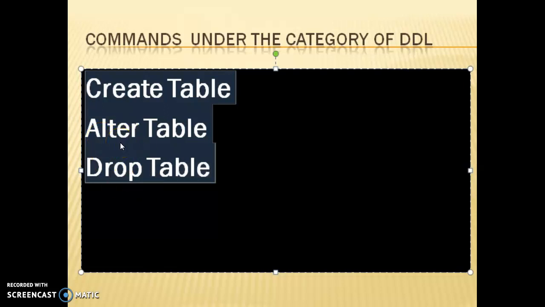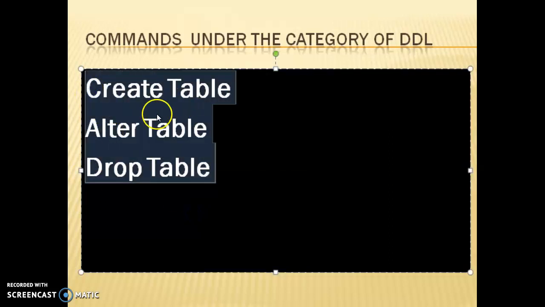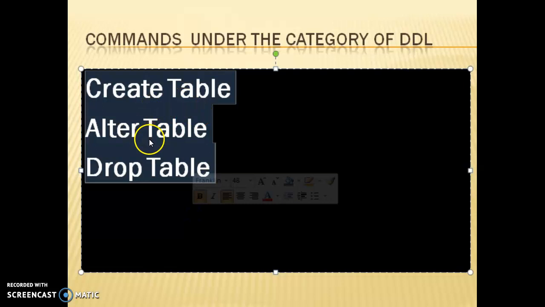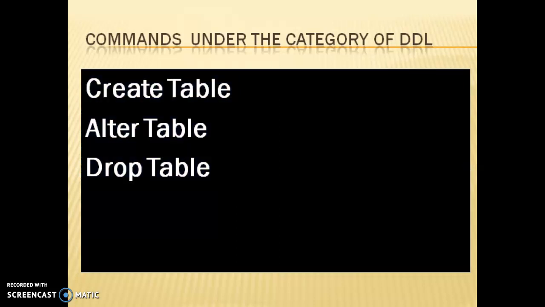Suppose we are going to add one column to the table, or delete one column from the table, for that we use the alter command. The third is to drop the table. Drop table completely deletes the particular table. So the three commands under DDL are create table, alter table, and drop table, which work only on the structure of the table.